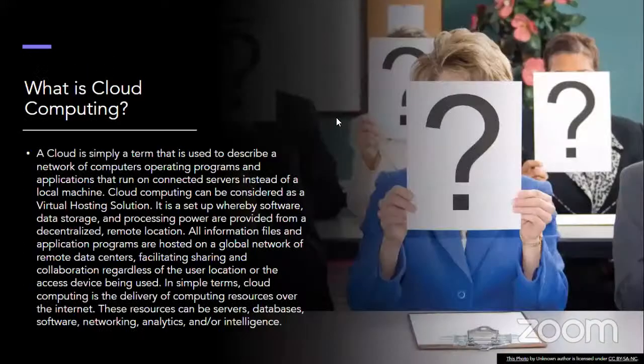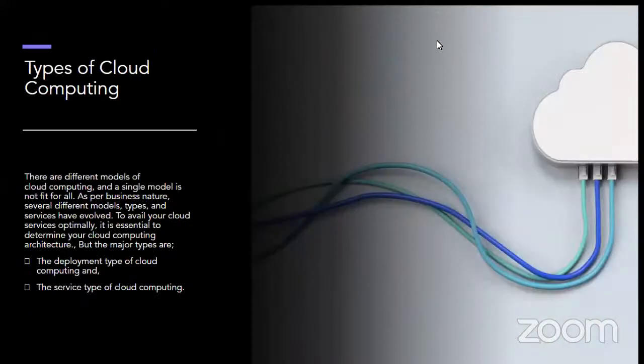I'll be talking about the types of cloud computing. On this slide, I'm showing the two basic types of cloud computing, which are the deployment type and the service type. There are different models of cloud computing, and a single model is not fit for all.